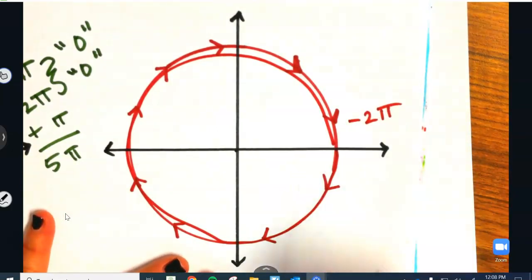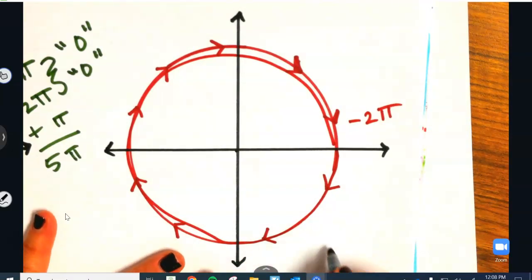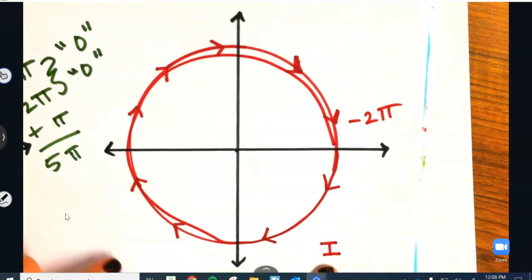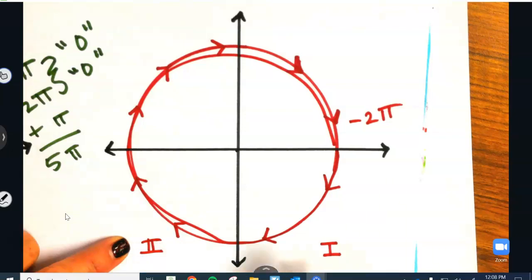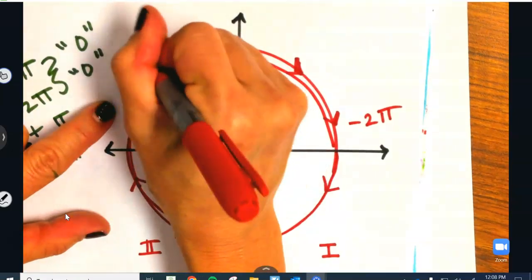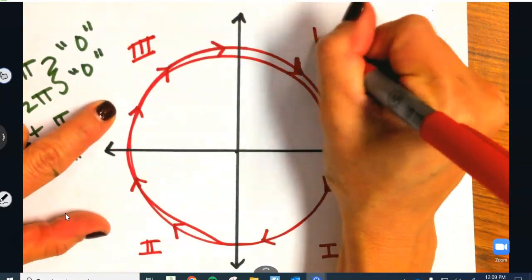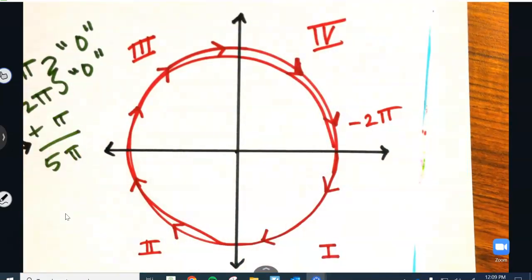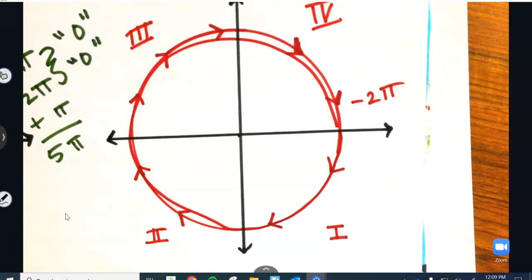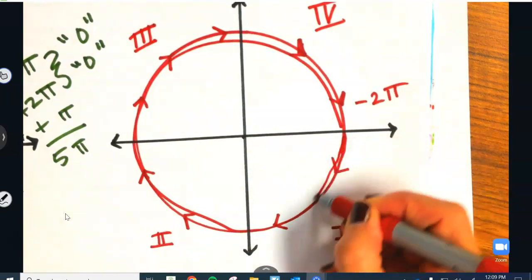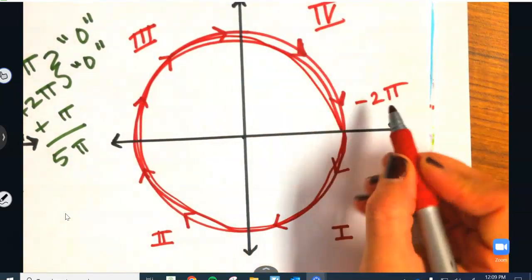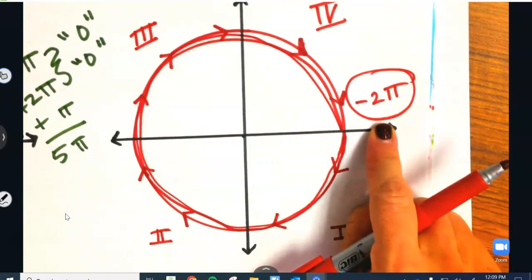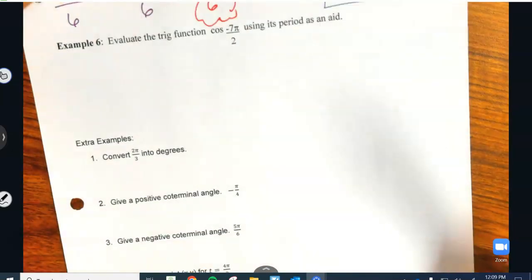Please remember, you can consider this to be like quadrant 1, that like quadrant 2, like quadrant 3, and like quadrant 4 when you're thinking about your reference angles. But let's keep that aside. Just remember when you go clockwise, every time you wrap around, it's negative 2 pi.